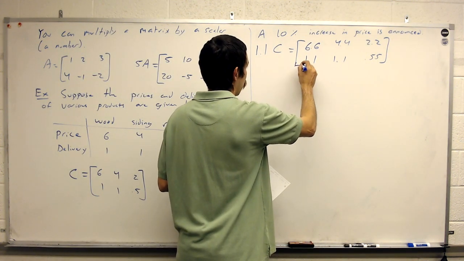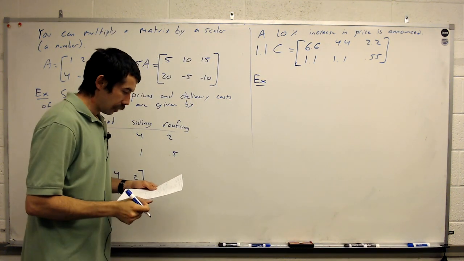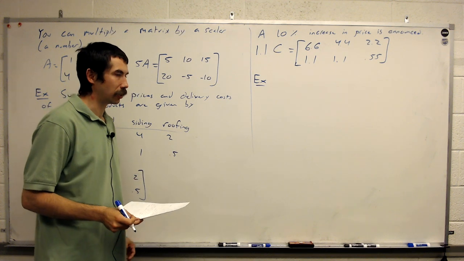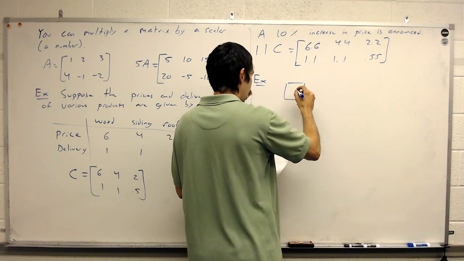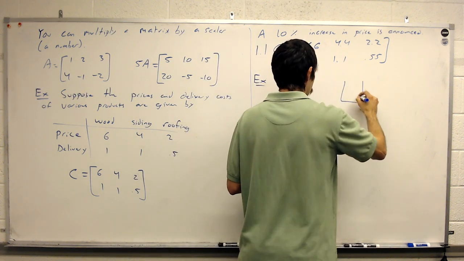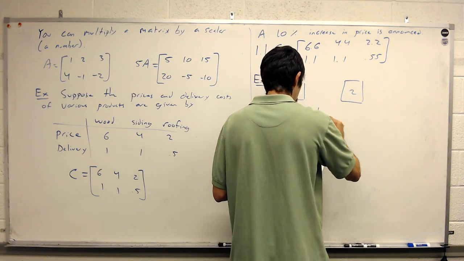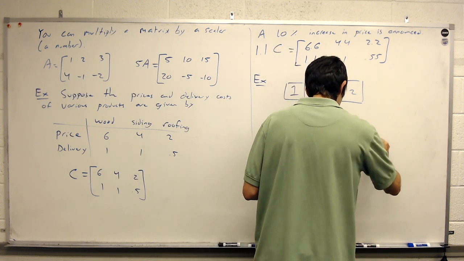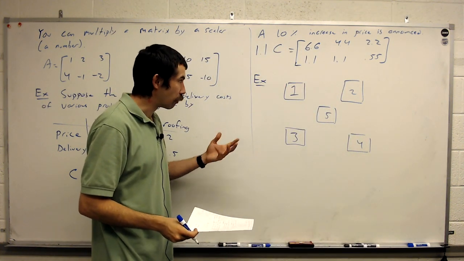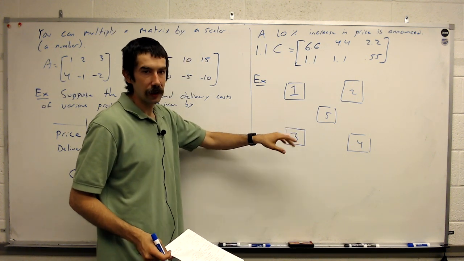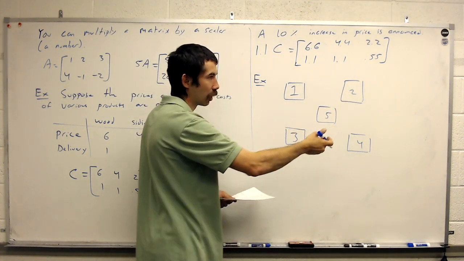Okay, one last application of matrices I want to look at is called an adjacency matrix. Okay, so suppose we have a bunch of offices. Suppose this is like some government agency, and there's a bunch of offices, and you could only send paperwork to some of the offices, right?